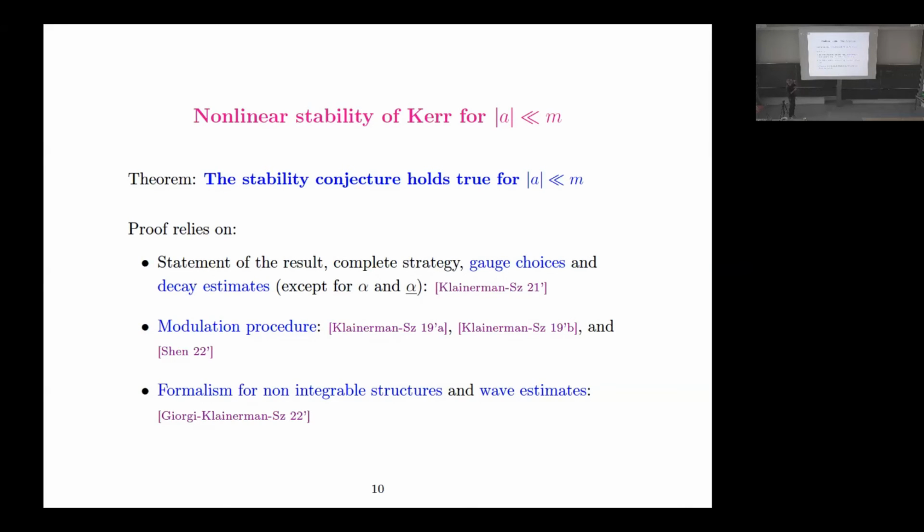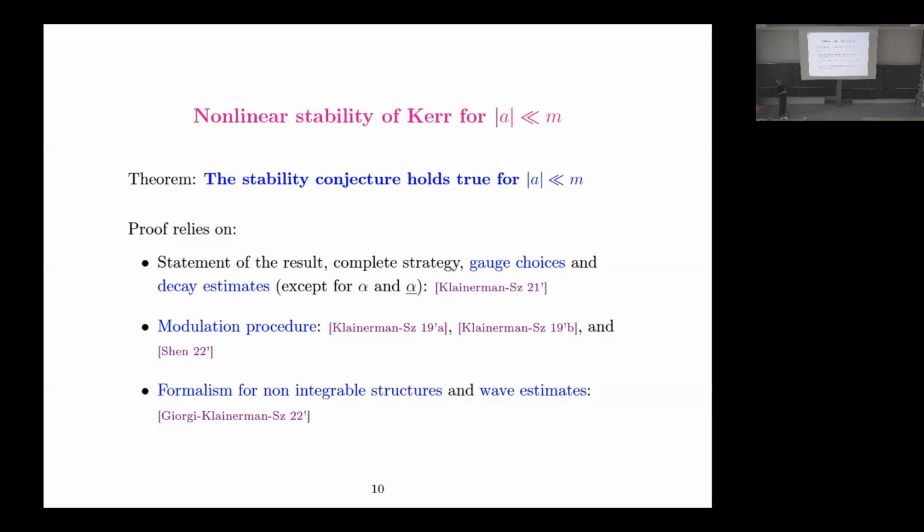In terms of the separation of the proof, the decay estimates, except for the Teukolsky scalars, are in the joint work with Sergio from 2021. The modulation procedure is a sequence of 3 works: 2 are joint works with Sergio, and the last one is by my student Wei Shen. And what is left is in particular the non-integrable structure, which I mentioned a lot, but unfortunately I won't have the time to go into it.